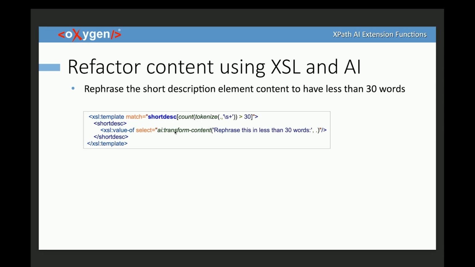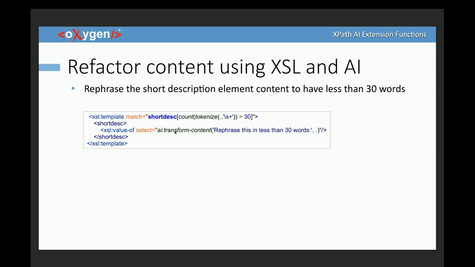So for example, you can have a template that matches a short description, and when the short description has more than 30 words, it can automatically reformulate it to use fewer than 30 words. So you can apply this automatically on all your content just by having a copy style sheet that will make this check and make this modification in your document. So you can use this to make different modifications.